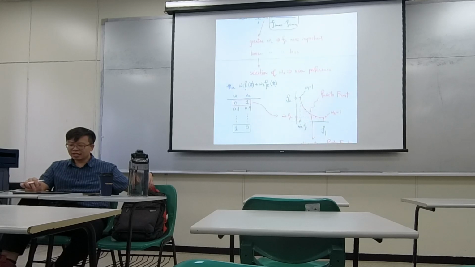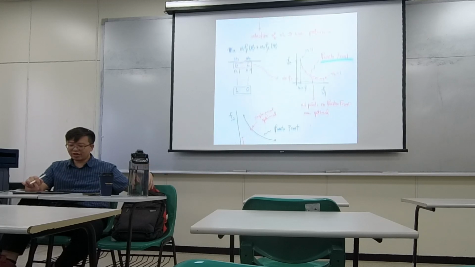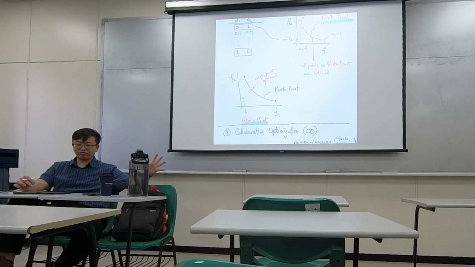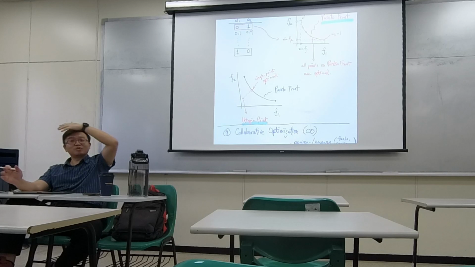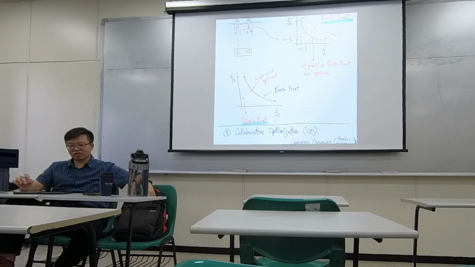And so there could be multiple solutions on the Pareto front. And there are people using this utopia point approach to find a single optimal on the Pareto front. But all solutions on the Pareto front are optimal solutions based on different user preference of the weighting coefficient.